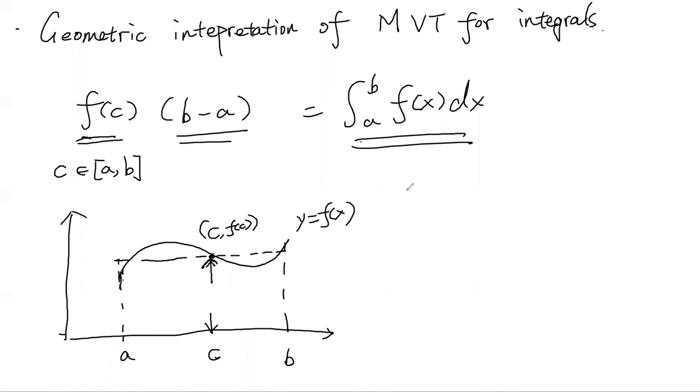So the area under the curve on the interval a to b is the same as the area of the rectangular region whose height is given by f of c, where c is a point between a and b. And f of c, this height here, is equal to the average of the function.